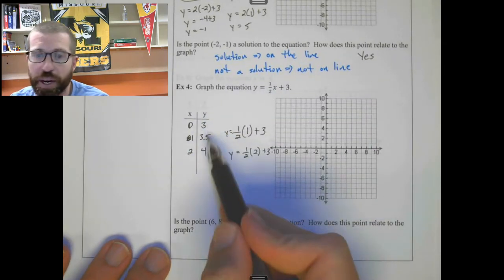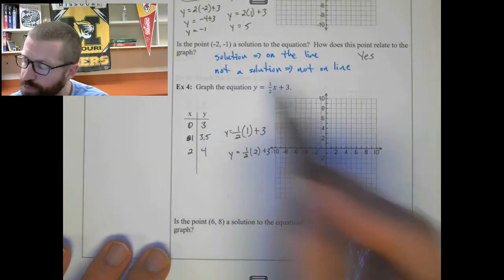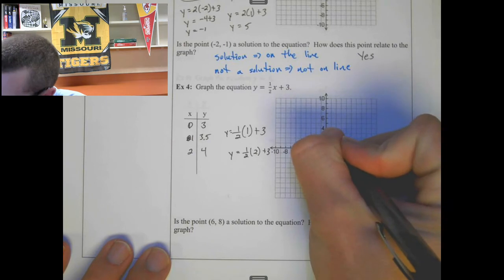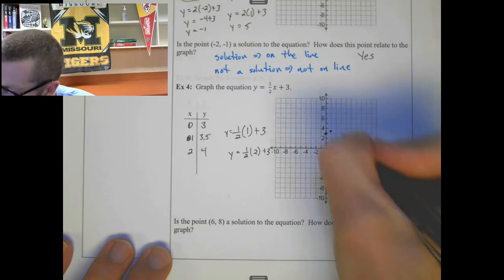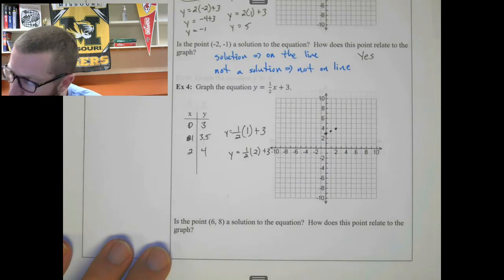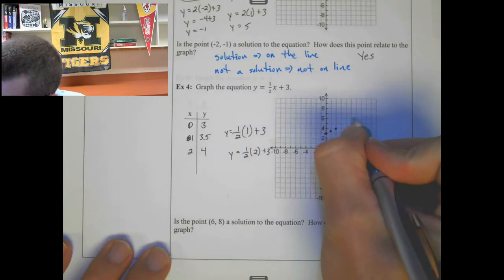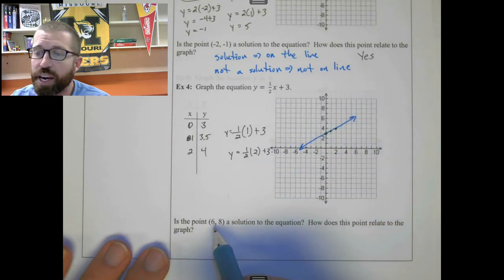And sure enough, it goes up by 1/2 each time, which is also the number in front of x, 1/2. Okay, so 0, 3 is here. 1, 3.5. That's always kind of funny, but it's in between 3 and 4. And then 2, 4. And then we'll connect those with a straight edge, which would be great. I'm going to kind of eyeball it. And then we want to know if 6, 8 is a solution.